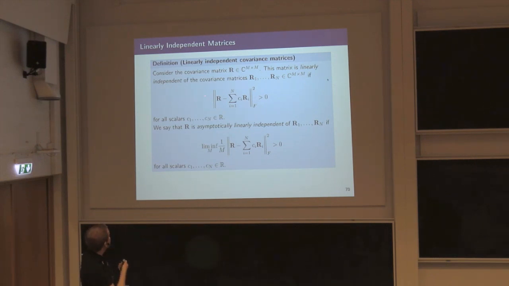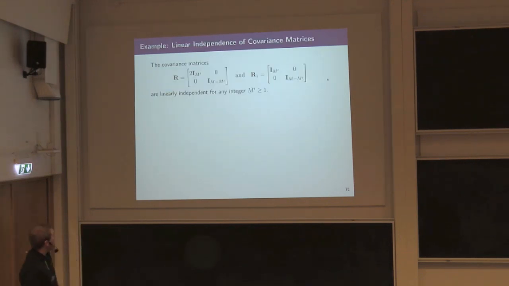Then they will be linearly independent, but they will not be asymptotically linearly independent, because if I divide with number of antennas, that one element where they're different will be divided by m, and then that will go towards 0. So this is a stricter condition where I need them to be different in a larger way.